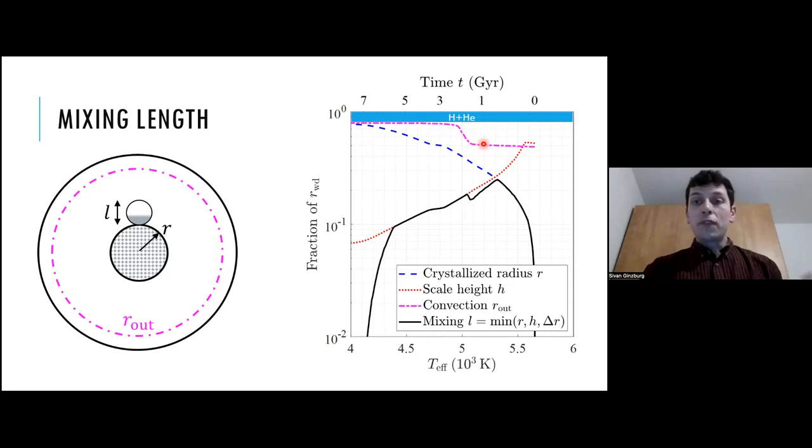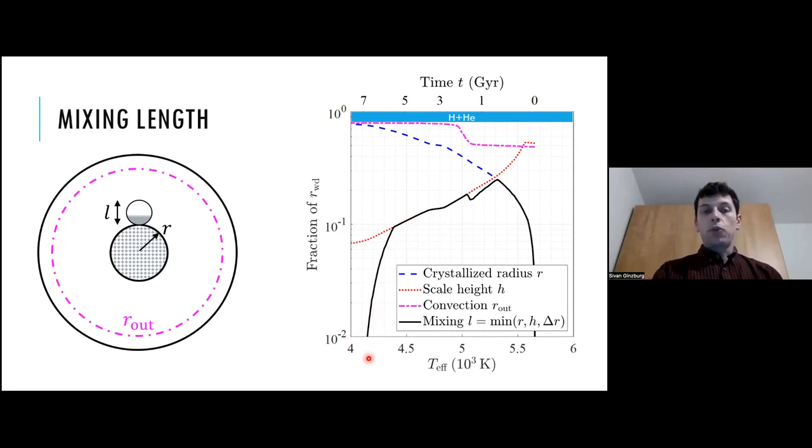So factoring all of these length scales together, we finally get the mixing length size, which is given by the solid black line over here. Initially it rises, following the growing size of the core, then it gradually decays, and finally it goes to zero as the entire C and O layer becomes crystallized.